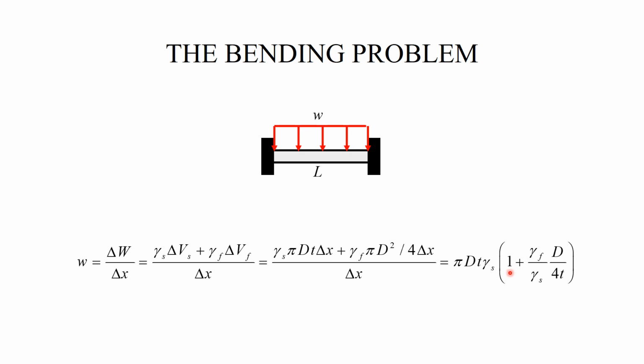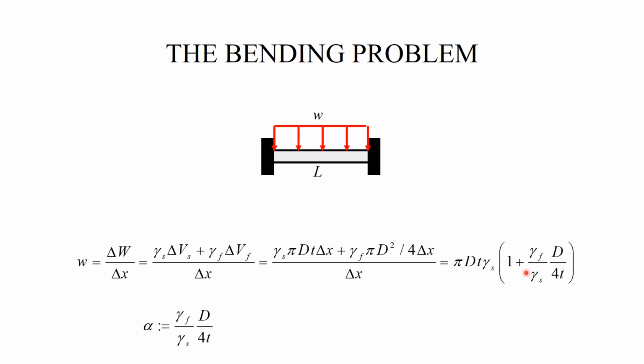So in this expression, I introduce this ratio, and I will call this ratio alpha. It is a dimensionless number, and it tells me what is the significance of the contribution of the fluid to the distributed load W versus the steel.